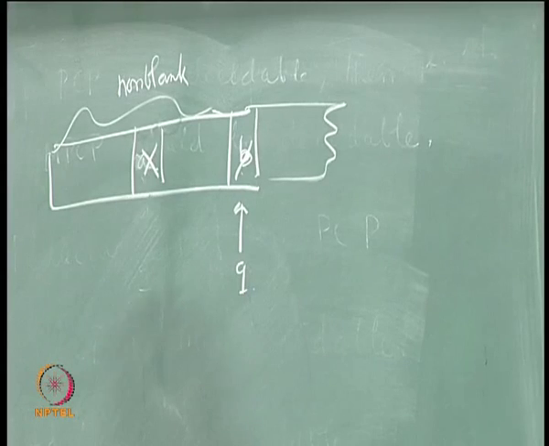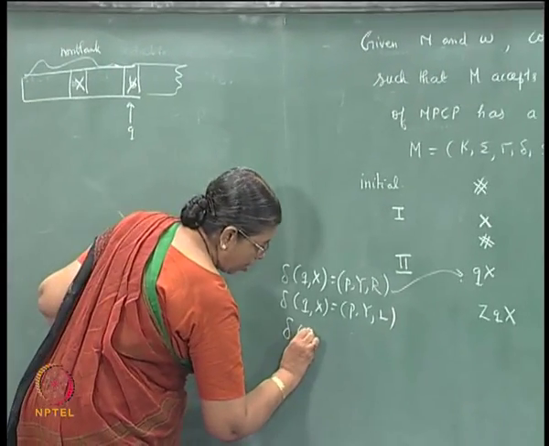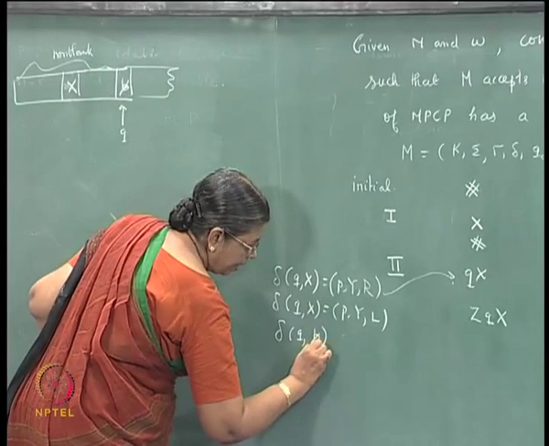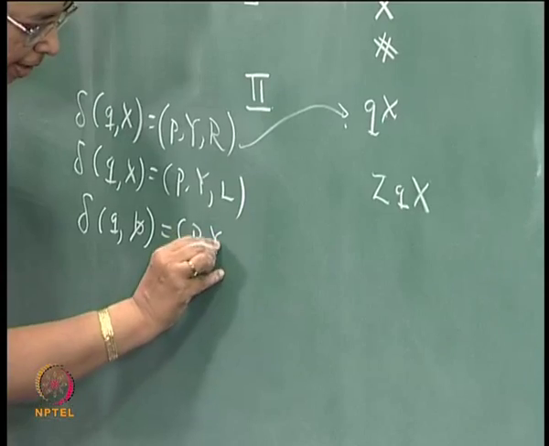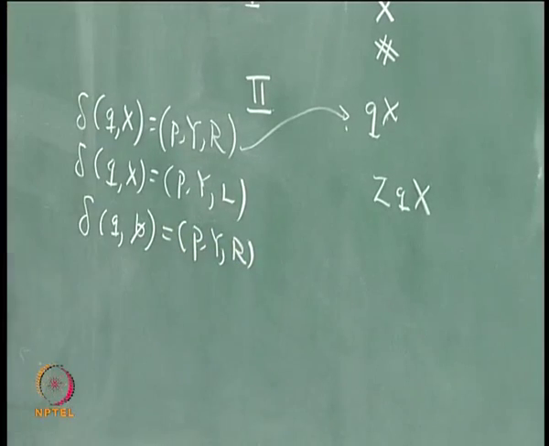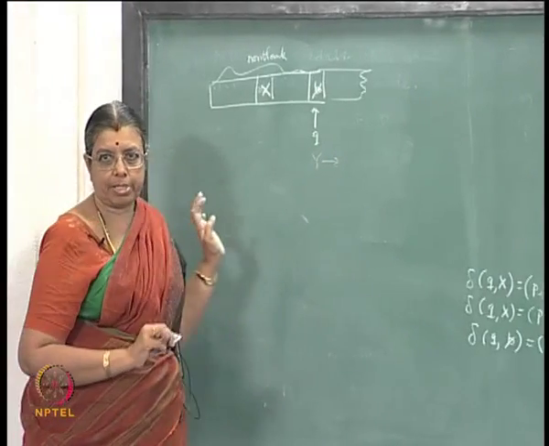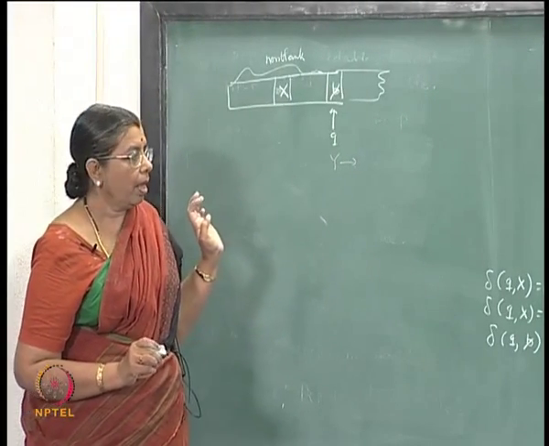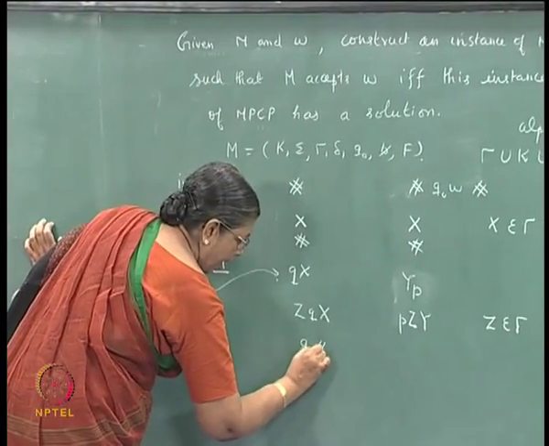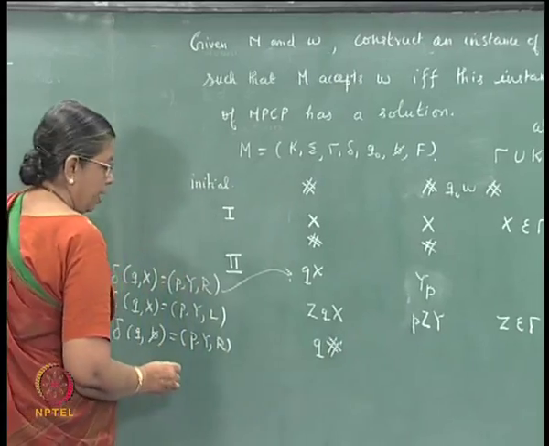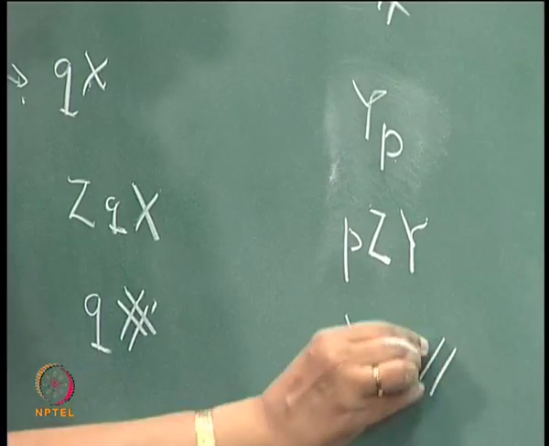Then the blank symbol, if it is reading this first blank symbol, then delta of Q blank is equal to P, Y, R. The mapping can be like this. It can print a Y here and then move right, that is possible. In that case, the pair will be Q hash is YP hash.